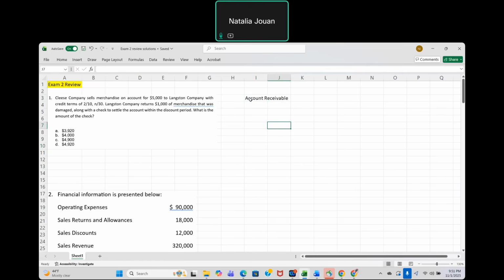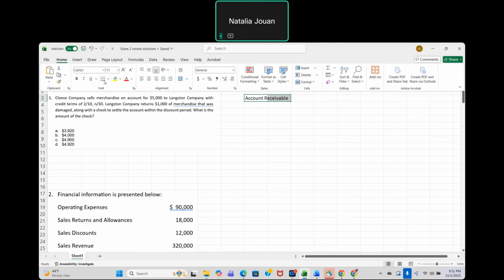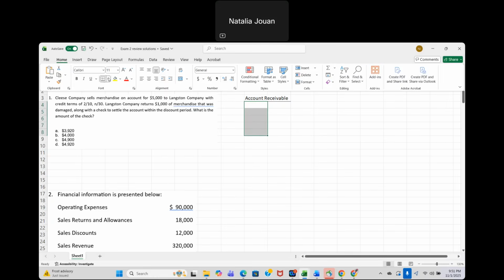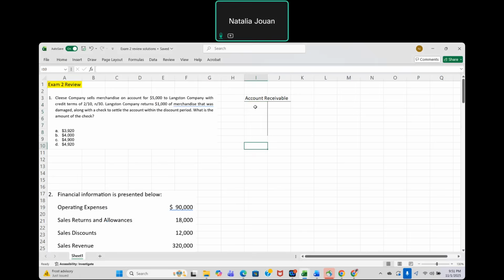So let's set up the account. Okay, so the accounts receivable will be originated for $5,000. However, the customer is returning $1,000 worth of merchandise.